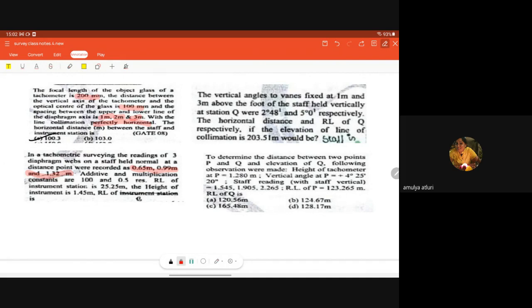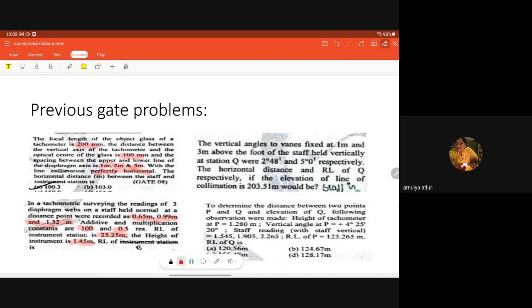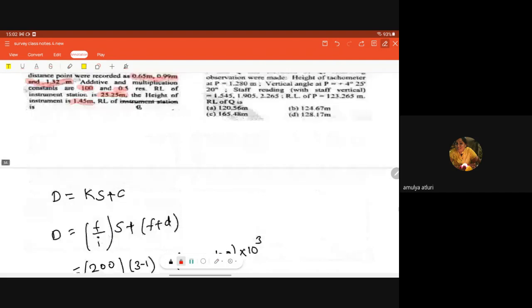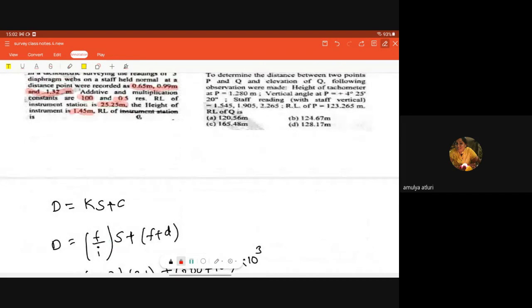Additive and multiplicative coefficients, they have given C and K. RL of the instrument station is 25.25 meters. Height of the instrument they have given. They're asking us to calculate the RL of B.